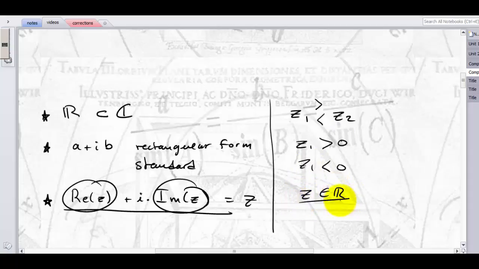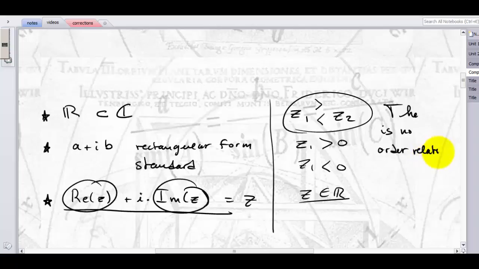Then yes, I can tell you if it's positive or negative, or if I have two complex numbers that are both real, I can compare them. But in general, there is no order relation in C.